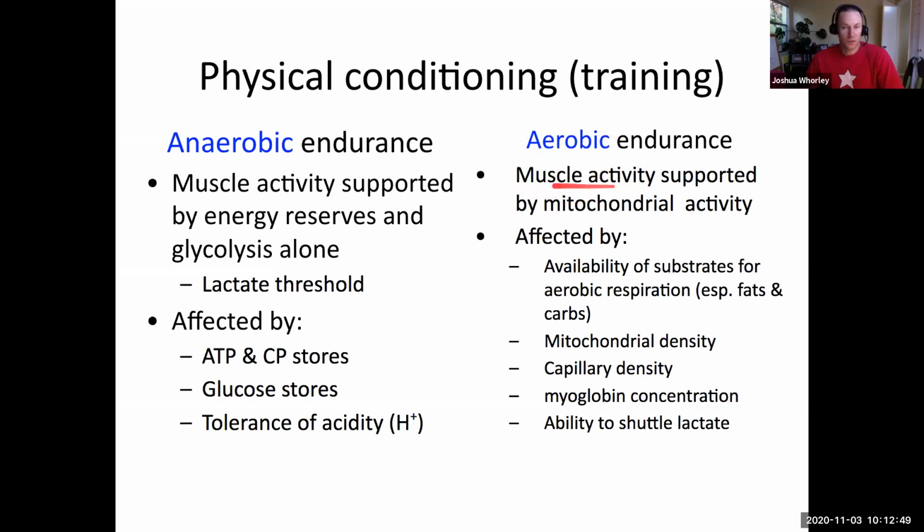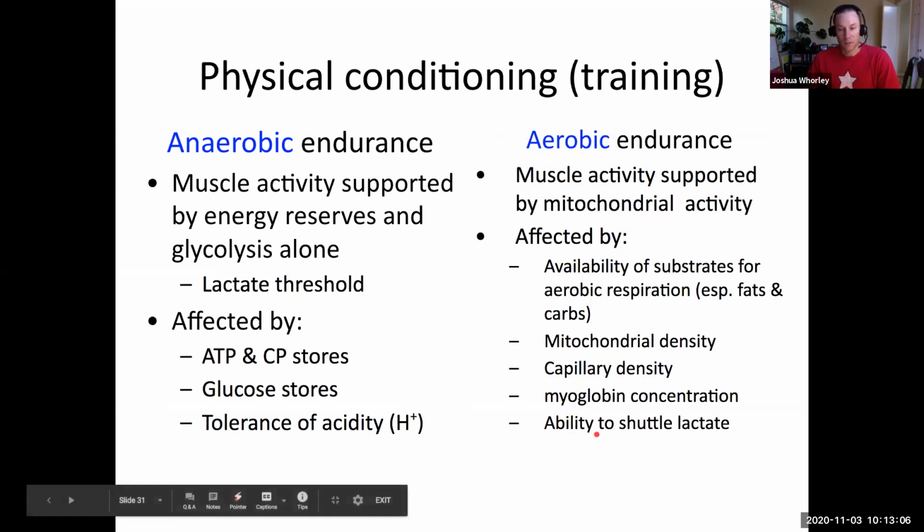And aerobic endurance simply means muscle activity that's supported by mitochondrial activity alone, rather than shifting to glycolytic activity. So given that this aerobic activity is affected by mitochondrial density, capillary density, myoglobin concentration, and ability to export lactate, these are the types of changes you're likely to see if you do a lot of aerobic or endurance training.